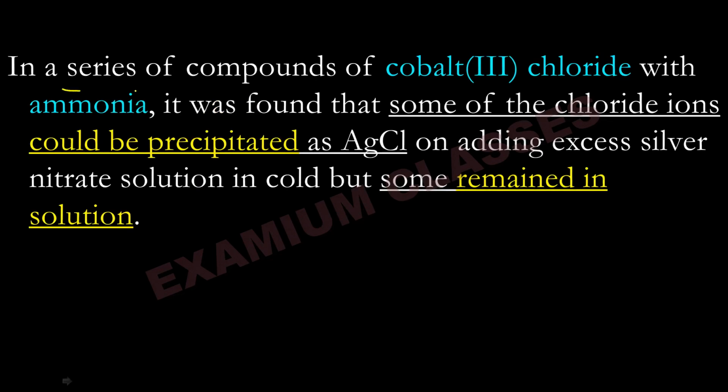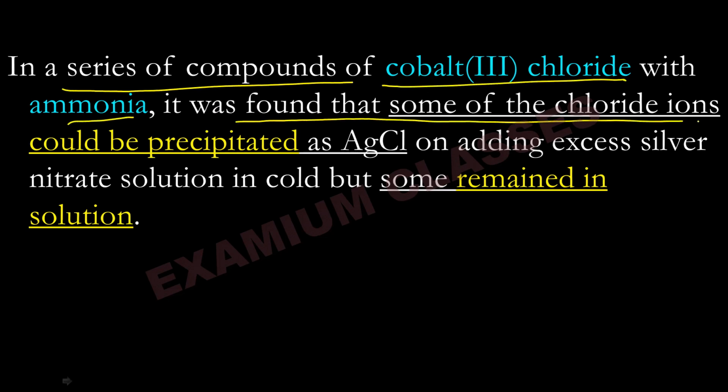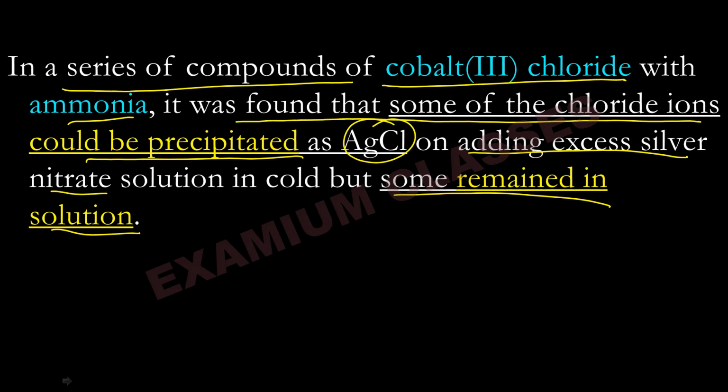In a series of compounds of cobalt chloride with ammonia, it was found that some of the chloride ions could be precipitated as AgCl on adding excess silver nitrate, but some remained dissolved in the solution. They did not ionize.